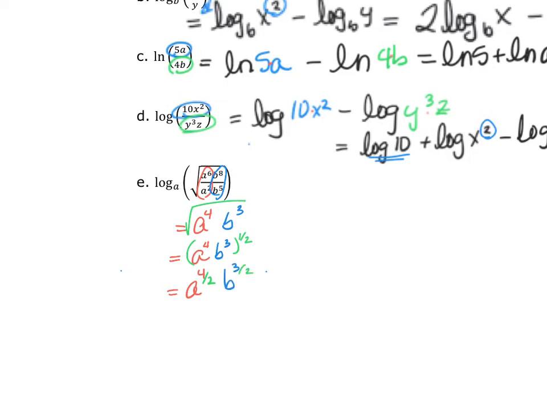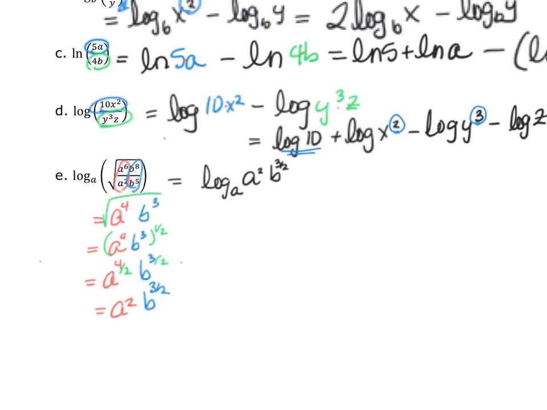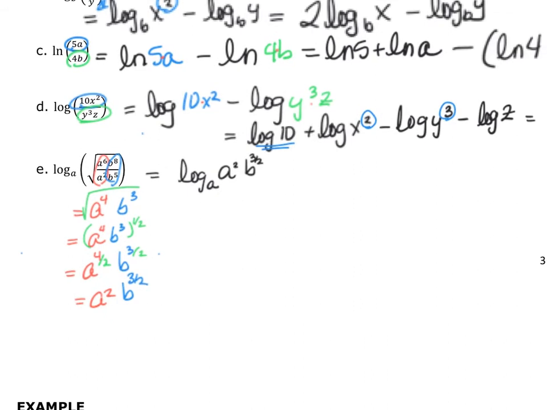And so I end up with a squared b to the 3 over 2. So what this is equal to is the log base a of a squared b raised to the 3 over 2. Much simpler to work with.